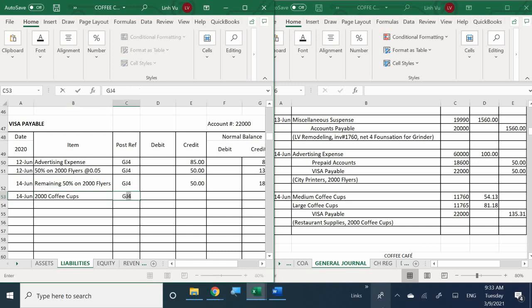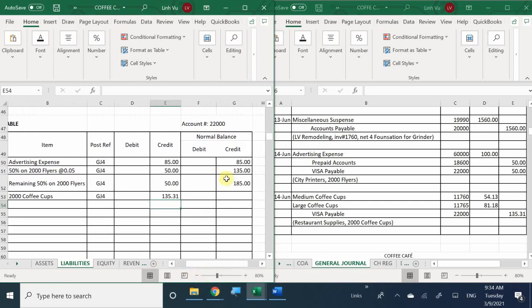All right, general journal number 4, and it was for the grand total amount of $135.31. All right, which now we increased our credit card balance to be now $320.31.